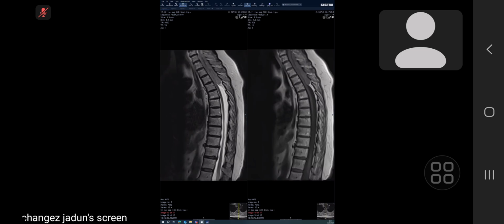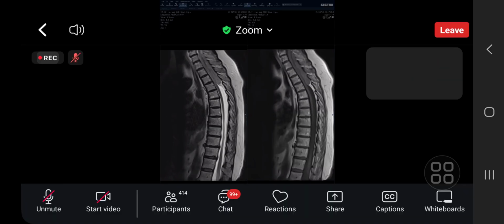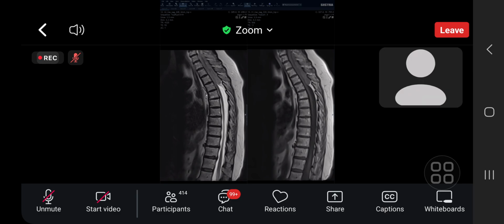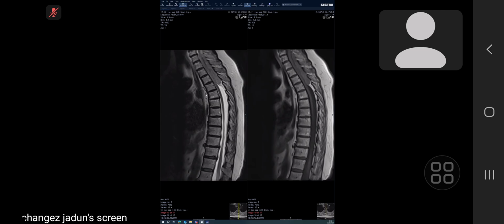This area is involving the cord. We have to remember whether it is intramedullary, intradural extramedullary, extradural, or arising from the bone. Sir, can we please magnify only this lesion?